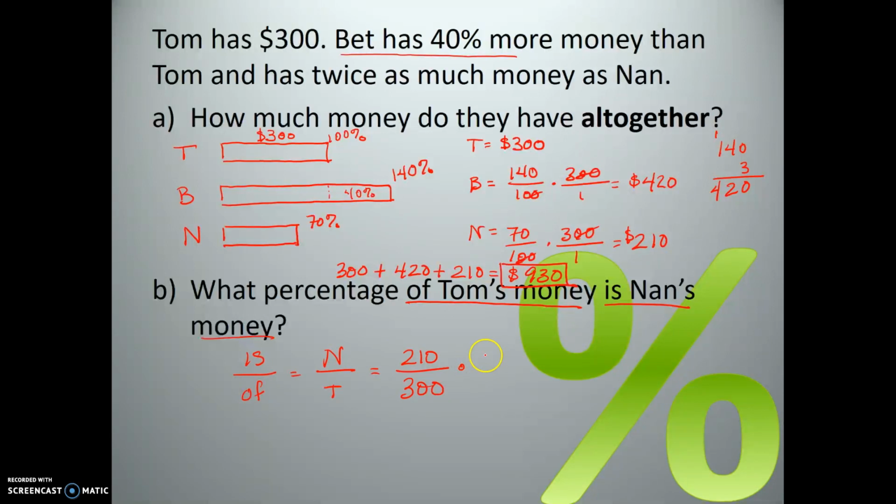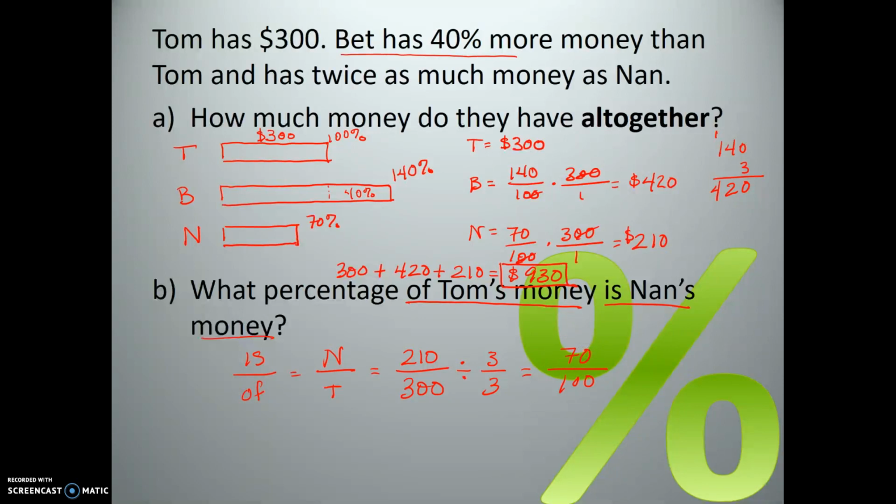And I'm going to convert that to a percentage. And actually, let's use method 1 for this. So we'll divide by 3 over 3. And that gives me 100 in my denominator, which is what we want, right? Because we're trying to find a percentage. And if I divide 210 divided by 3, I'm going to get 70.